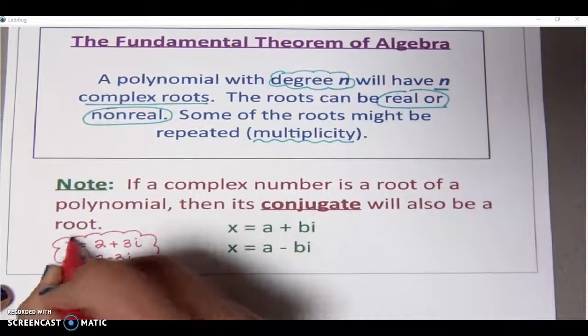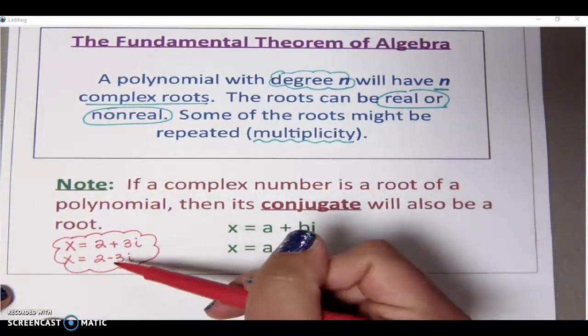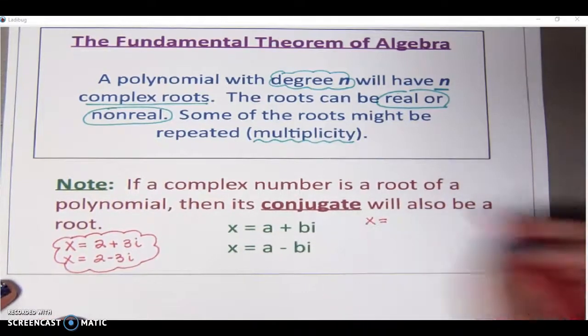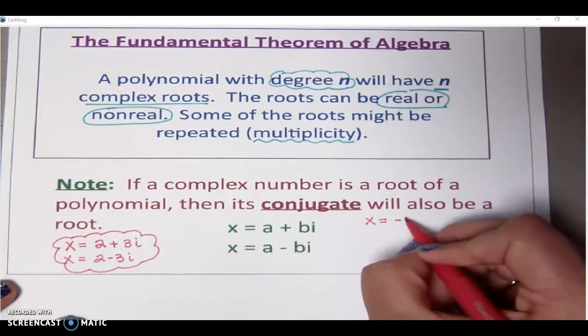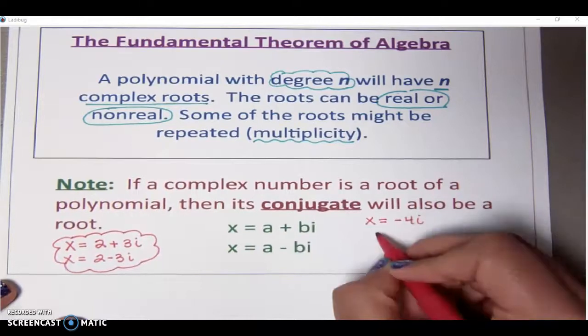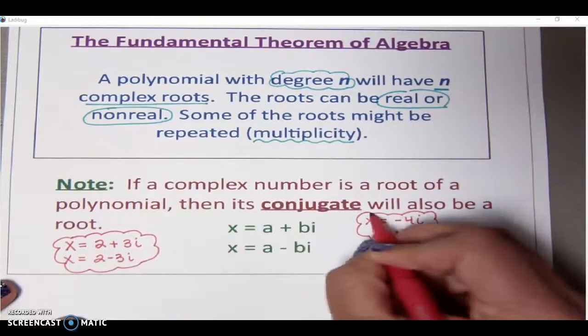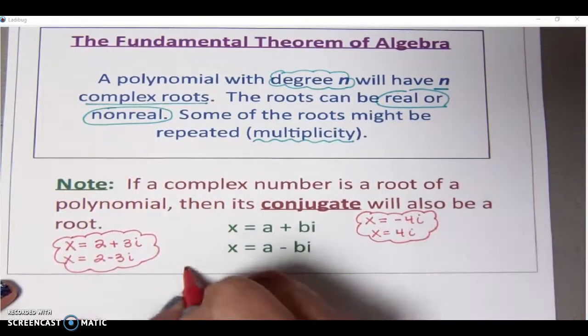Think about the quadratic formula, how we always have plus or minus, they always come in pairs. So if I tell you we have negative 4i, then we will also have positive 4i. They always come in pairs. The same thing with square roots.